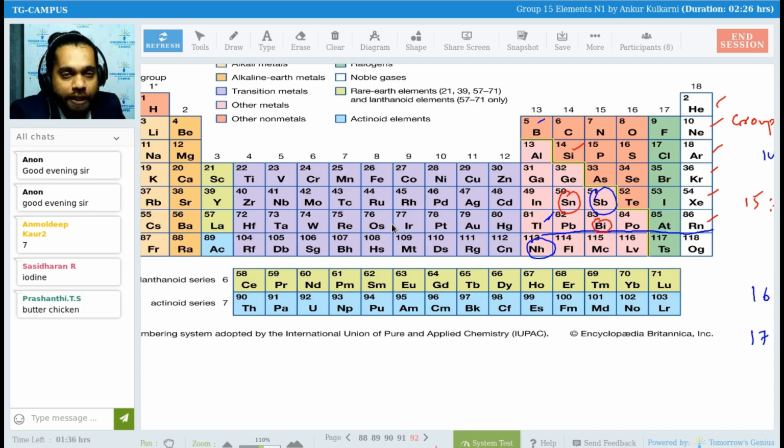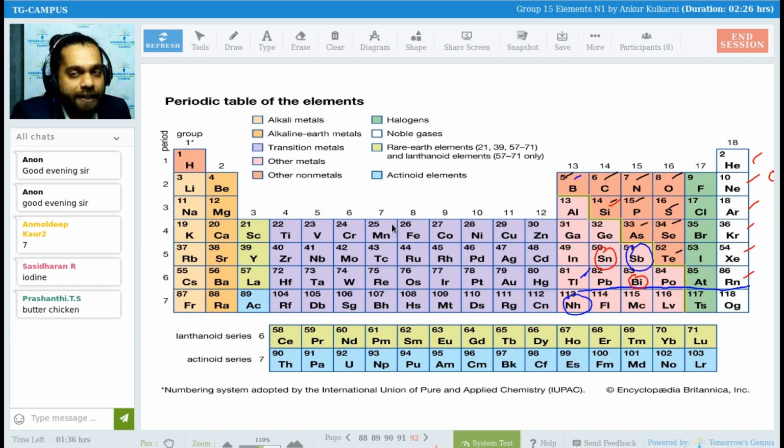See this, what you are seeing in orange color. This is your P block, non-metals. Correct, hydrogen. Yes, except the P block, non-metals are very few. They are present only in the P block.